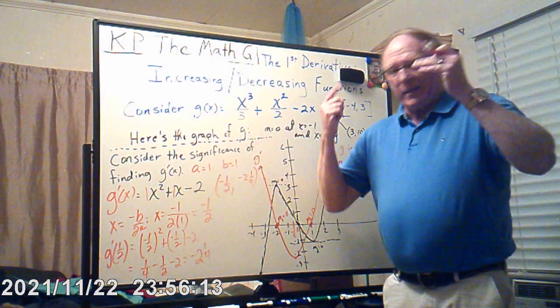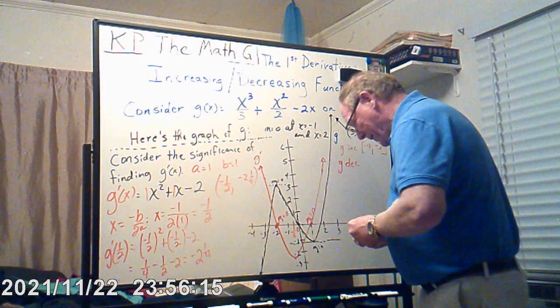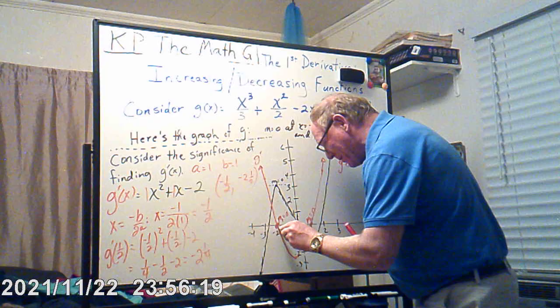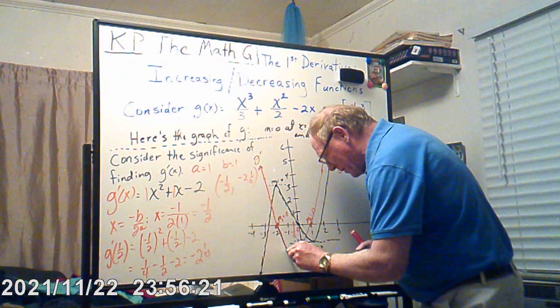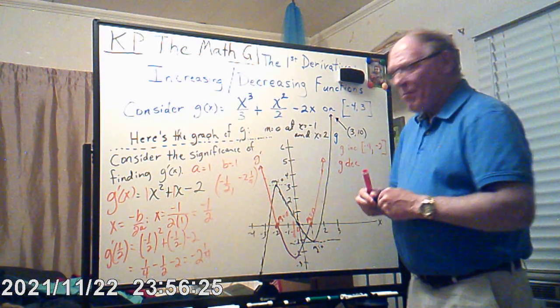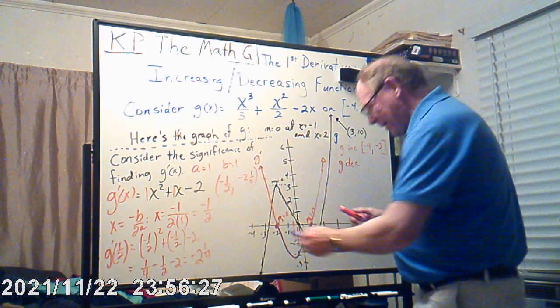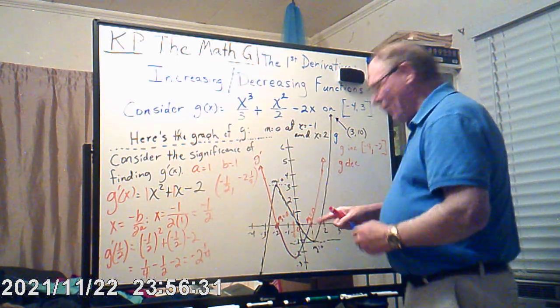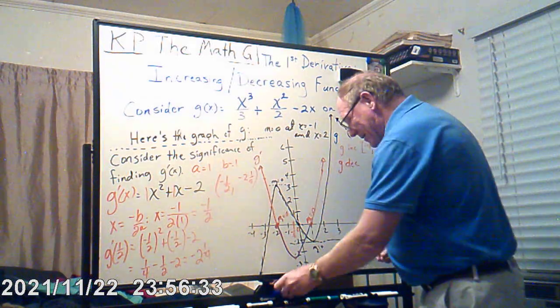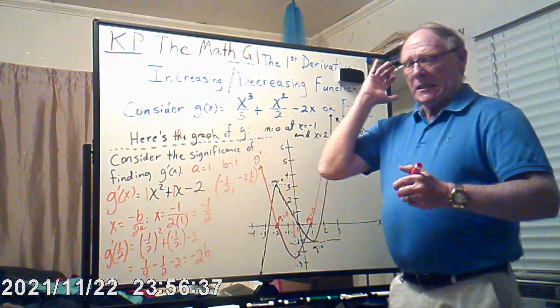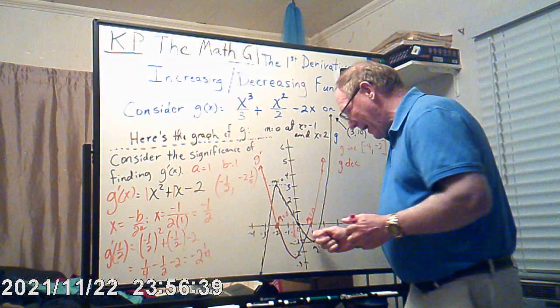This portion in blue is below the x-axis. It could be squiggly. We don't care. But it's below the x-axis, which means that portion in blue is decreasing between -2 and 1.